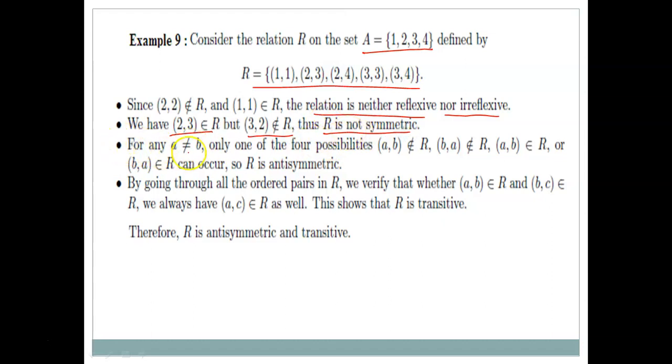For any a not equal to b, only one of the possibilities can occur: (a, b) does not belong to R, or (b, a) does not belong to R, or (a, b) belongs to R, or (b, a) belongs to R.